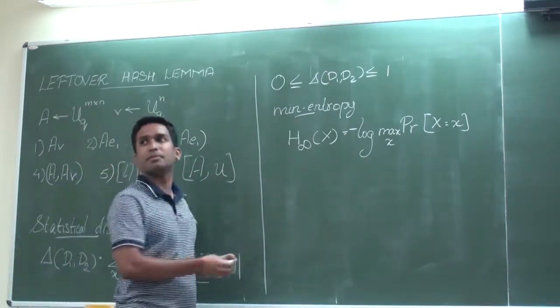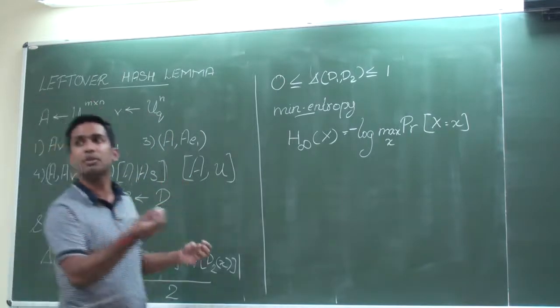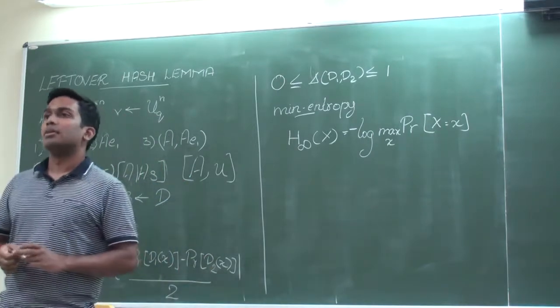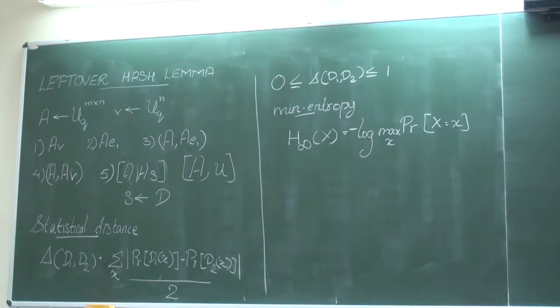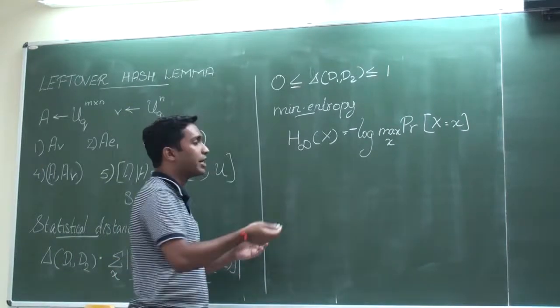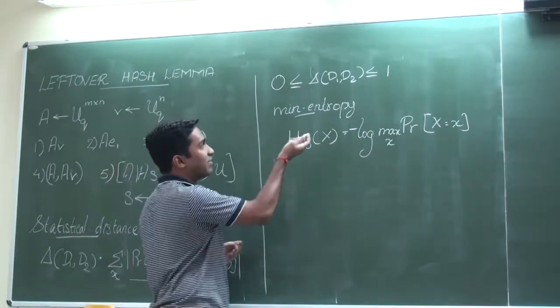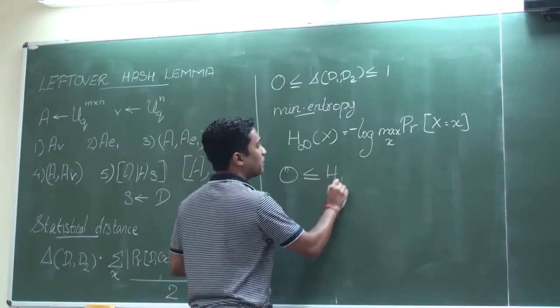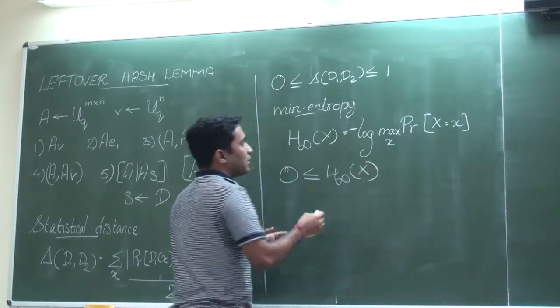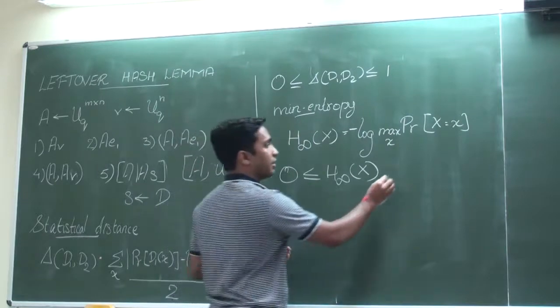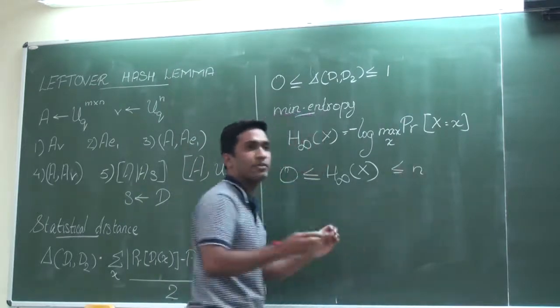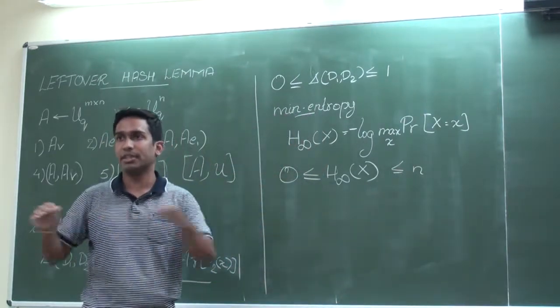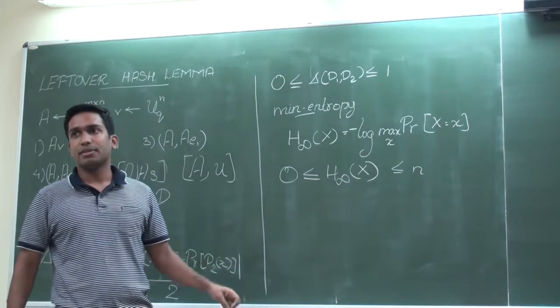So it is influenced by just the weight of one item. As you said, if I give probability 1 to one element, you have the lower bound as 0, and the upper bound, if the sample space is 2 raised to n, is n, when everyone is given equal weight 1 by 2 raised to n.